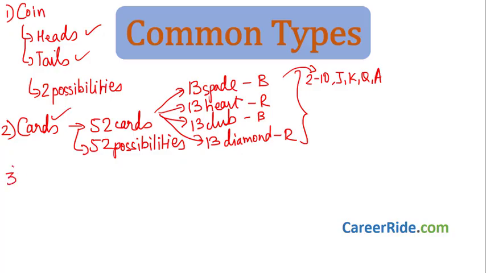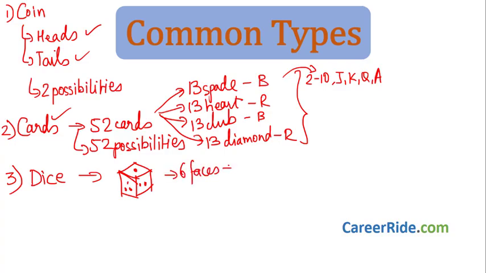The third common type is a dice, which we roll while playing board games. A dice is nothing but a cube and it has 6 faces, right? Each of them has a unique number from 1 to 6, that is 1, 2, 3, 4, 5 and 6.